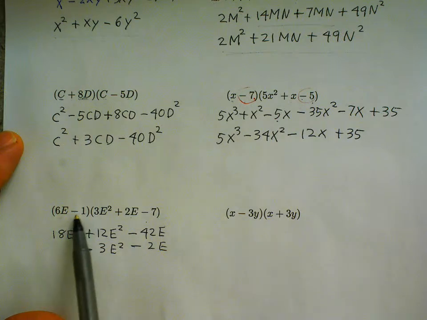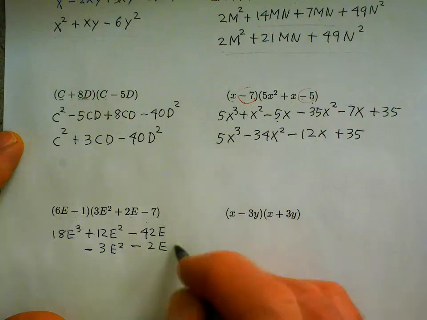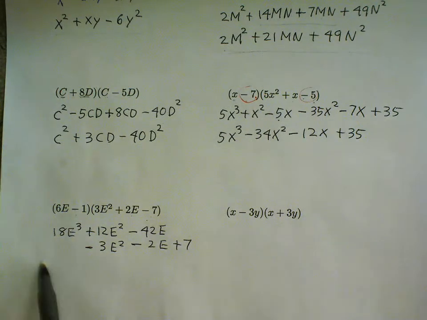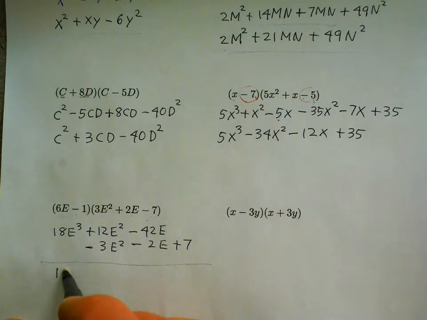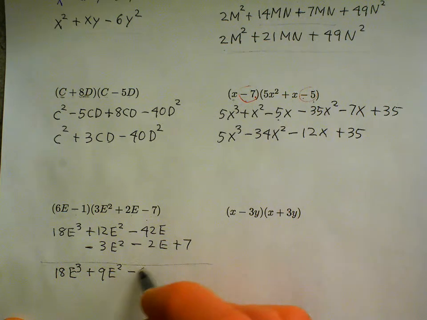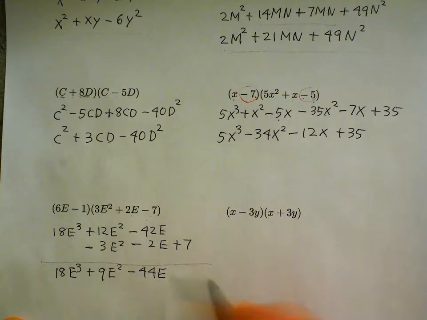And then negative 1 times negative 7 is positive 7. And then we combine like terms, the final result: 18e to the third, and 12e to the second minus 3e to the second is positive 9e to the second. And minus 42e minus 2e is minus 44e, and then plus 7.